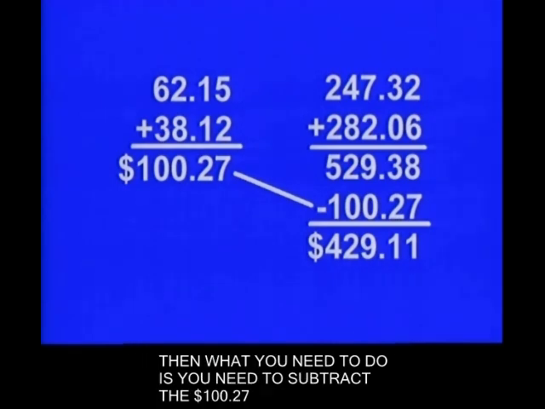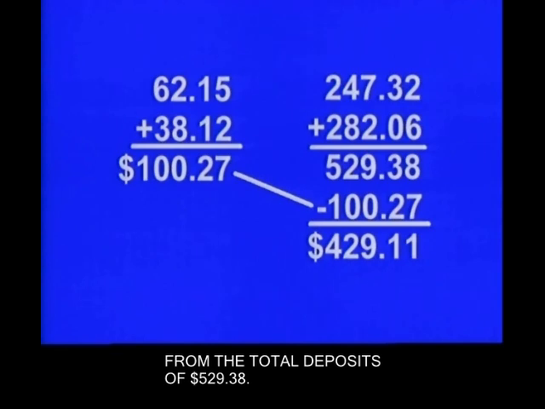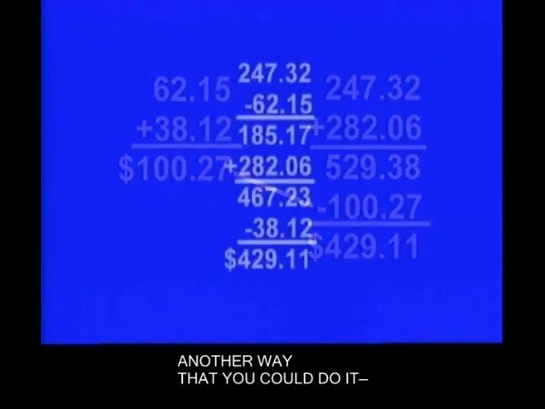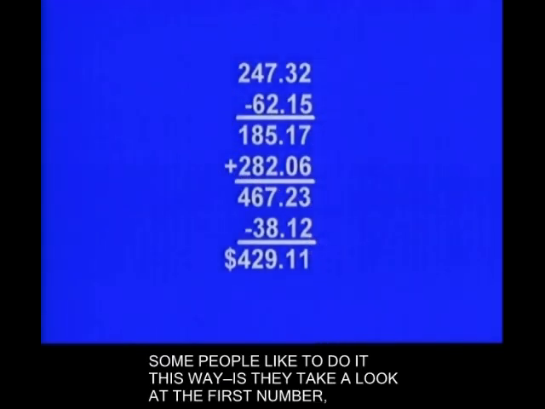And then what you need to do is subtract the $100.27 from the total deposits of $529.38. And what's the answer? Well, your checkbook would read $429.11.